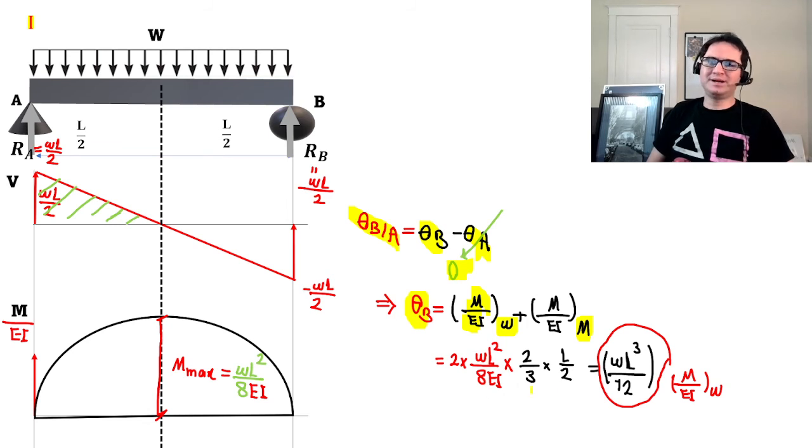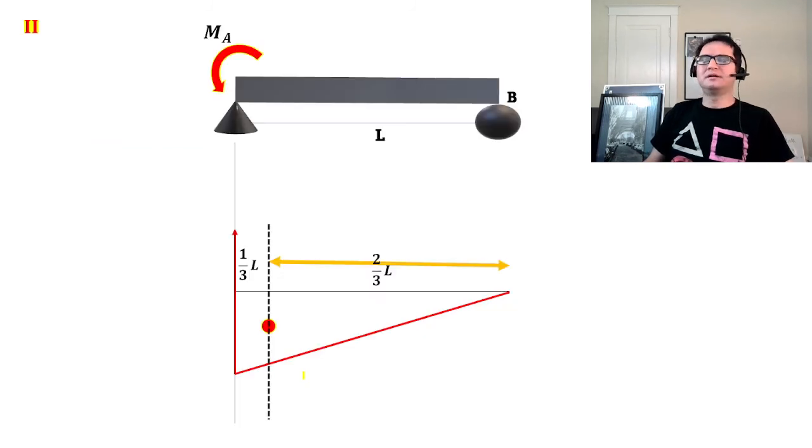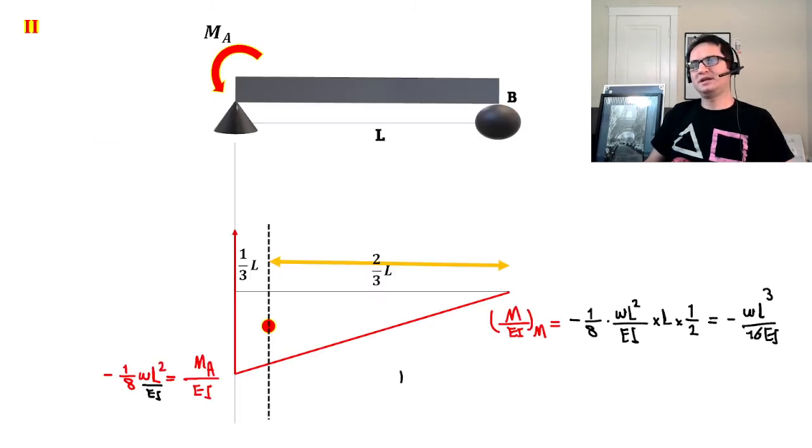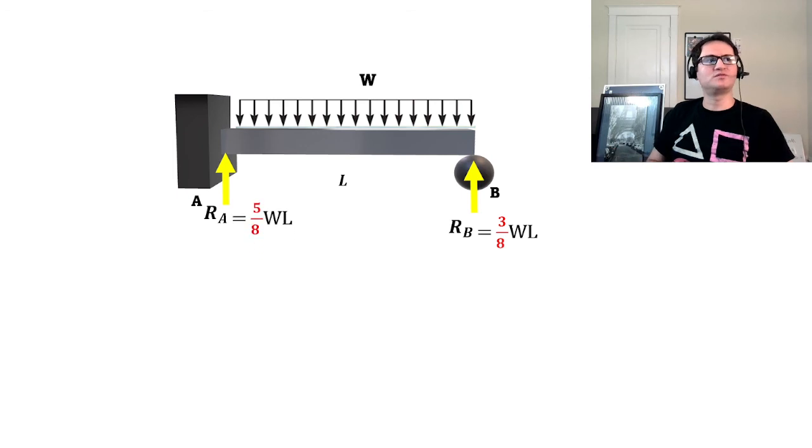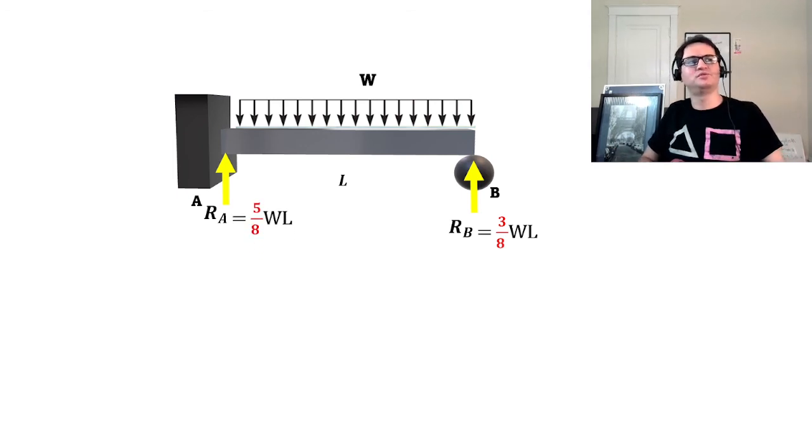If you do the math, the first part, M over EI due to the distributed weight, gives us WL cubed over 12. And the second part, M over EI due to the moment, is a negative WL cubed over 16. So if you add them up together, 1 over 12 minus 1 over 16 gives you WL cubed over 48 EI, which is exactly the amount which we calculated in the conventional method by integration.